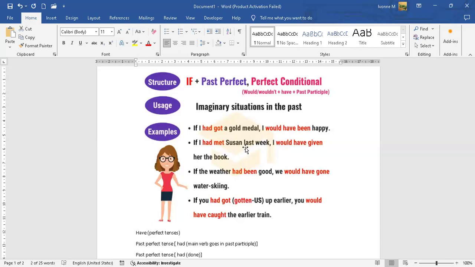If I had met Susan last week, I would have given her the book. If you see, we're using the structure I explained at the beginning. The if clause has the past perfect tense, had got, had met, past perfect tense, had done. And the second clause, the main clause, has the structure would have been, would have given, would have done.